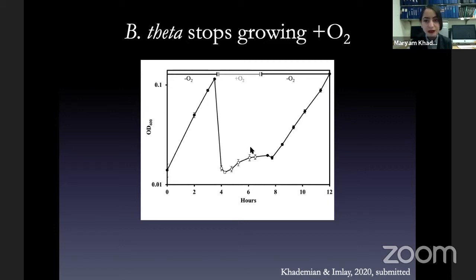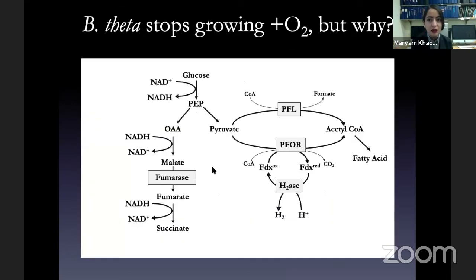So this tells us that during this phase where the cells are not really growing as much, they are alive. And it was shown before in our lab through CFU measurements that the cells do not die in this process. But then the question is, why do they stop growing then?